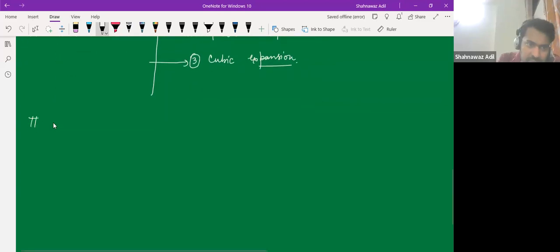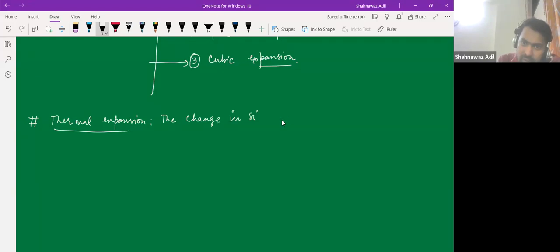So what is thermal expansion? Thermal expansion is the change in size of matter due to a temperature difference or due to the provided heat.